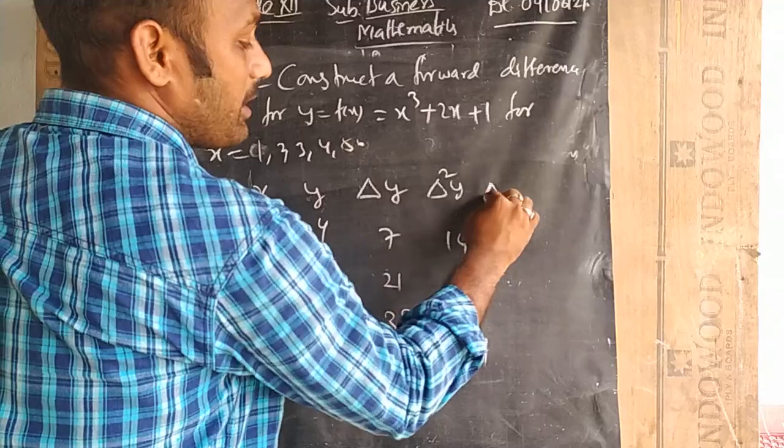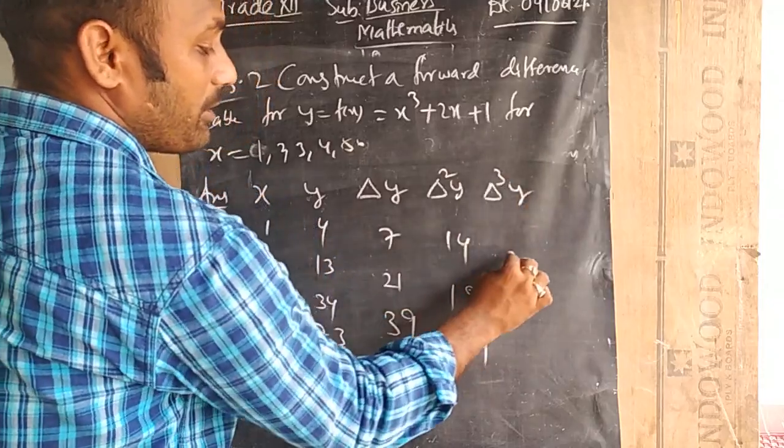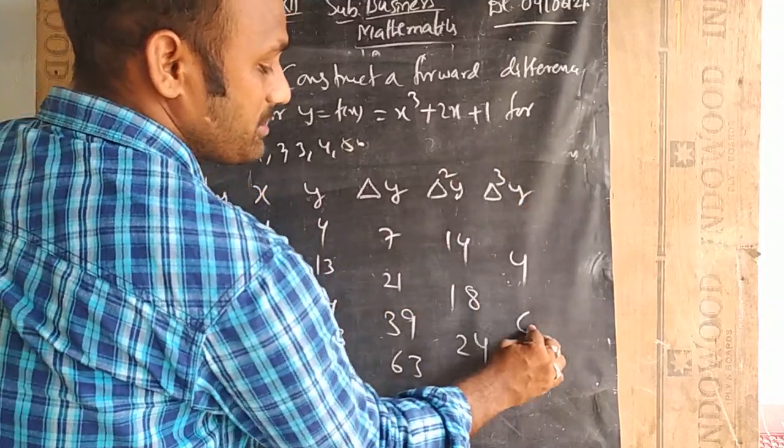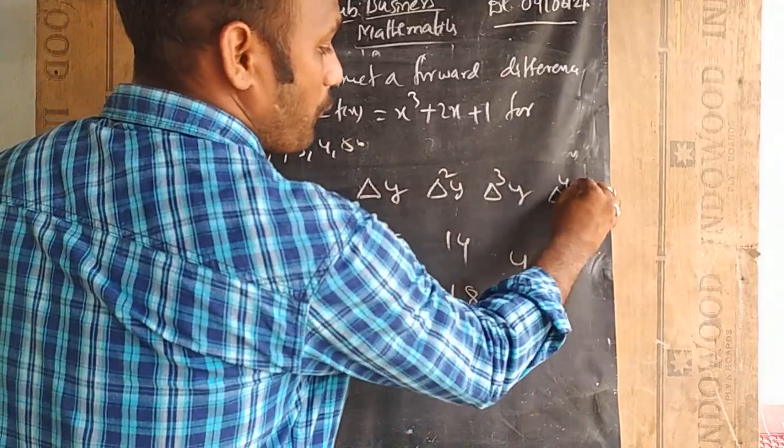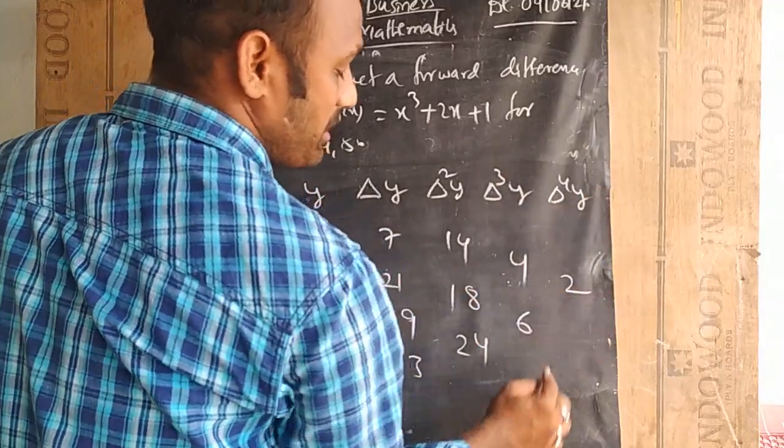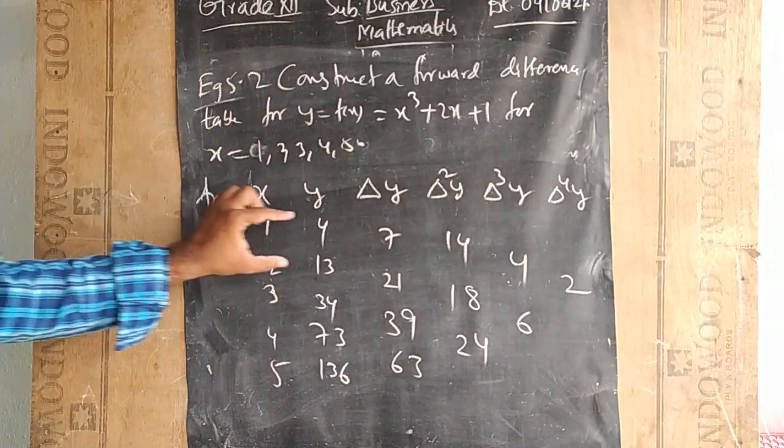Next, delta cube y. It will be 4, and here it is 6. So delta power 4 y, 4 minus 6, 2. So this will be the forward difference table.